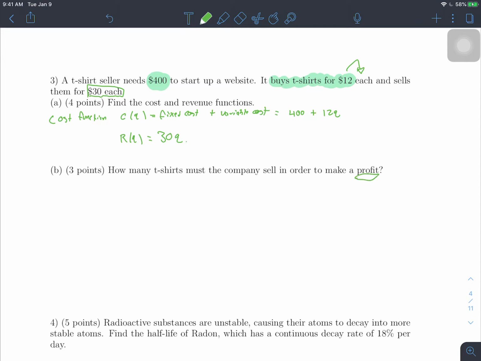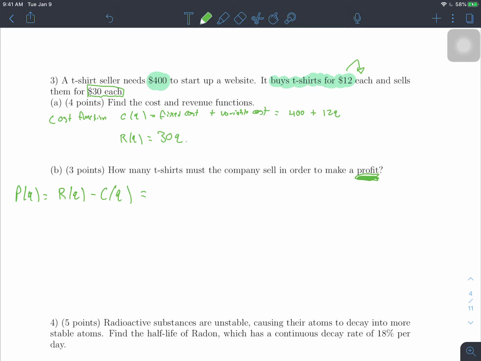Well, if we're going to talk about profit, why don't we write down what the profit function is? We know that P of Q is going to be equal to R of Q minus C of Q. Okay, so we take the revenue that we make and we subtract from that our costs, and that's how we figure out how much money we made.